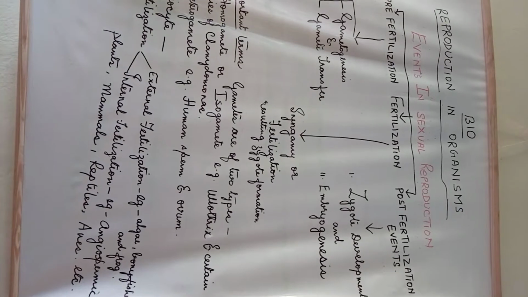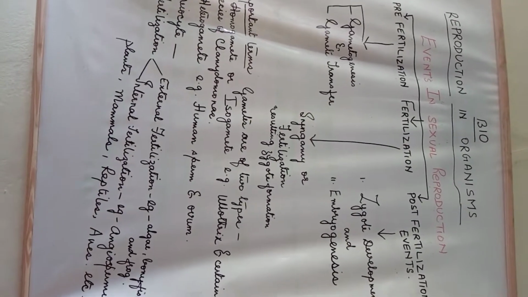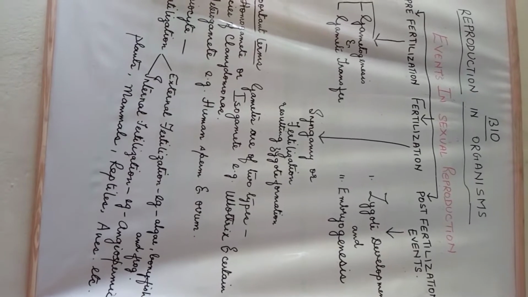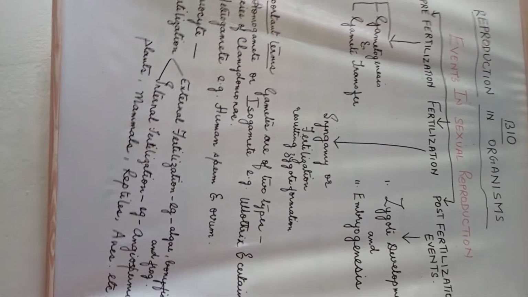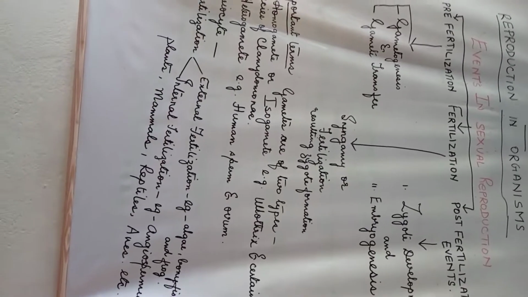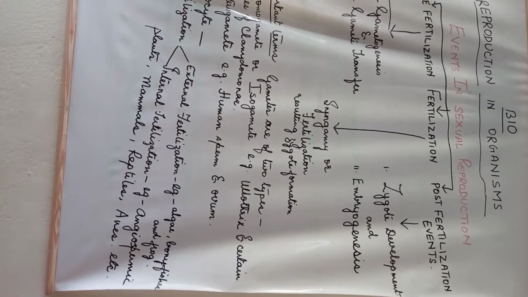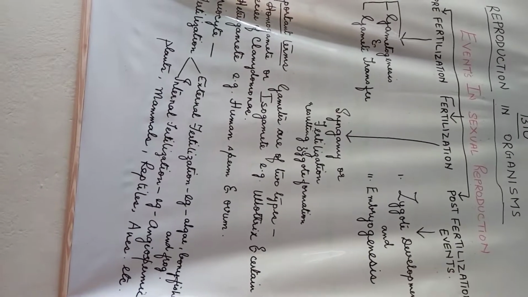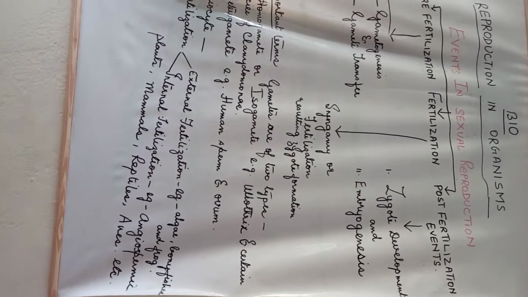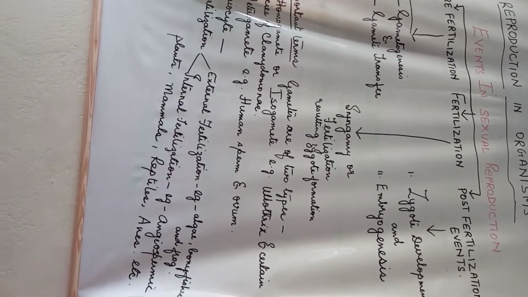In angiospermic and gymnospermic plants, pollen grains are the carriers of male gametes, as all of you know, and the female gamete is present in the ovule. Several mechanisms have been evolved by the plants for transfer of pollen grains to the stigma and the male gametes to reach the ovule and the egg cell.